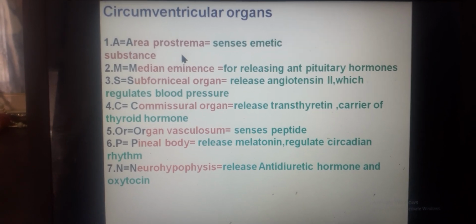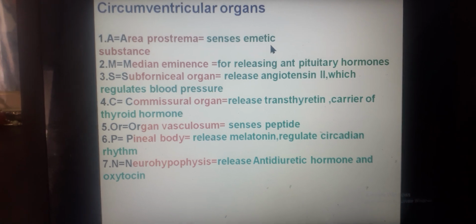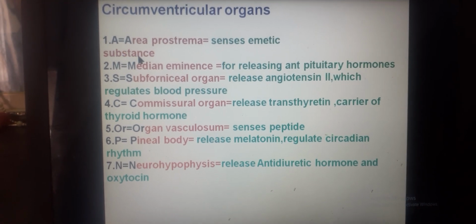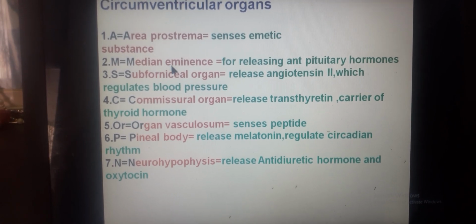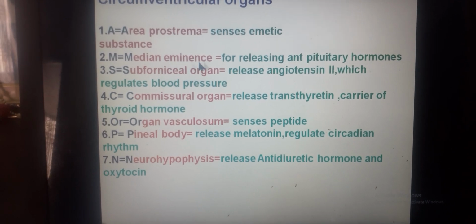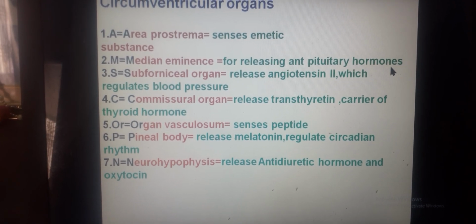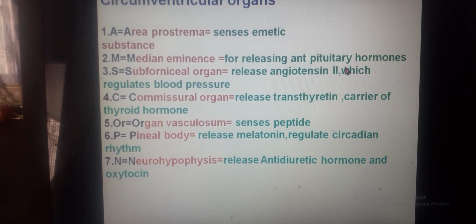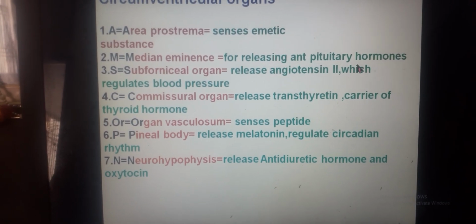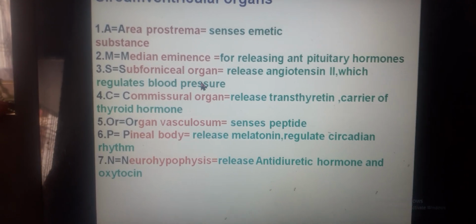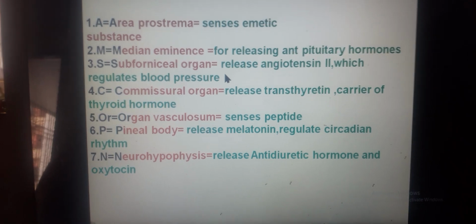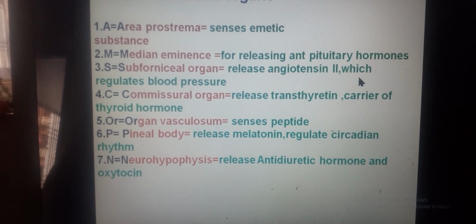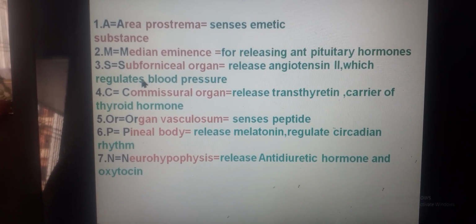A for area postrema, which senses emetic substances. M for median eminence, for releasing anterior pituitary hormones. S for subfornical organ, which releases angiotensin II, regulating blood pressure.